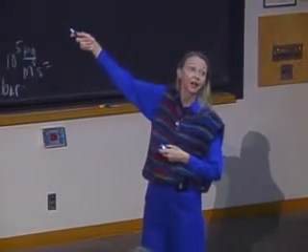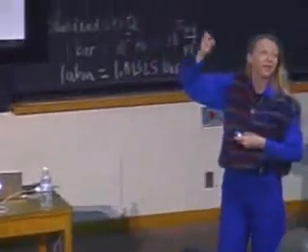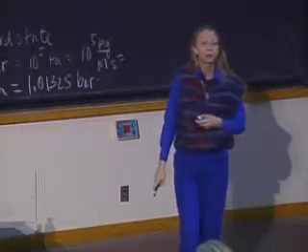Very important reaction. This is the oxidation of glucose. Very exothermic reaction, minus 2,816 kilojoules per mole. Hey, this reaction is going on in every single cell of your body.